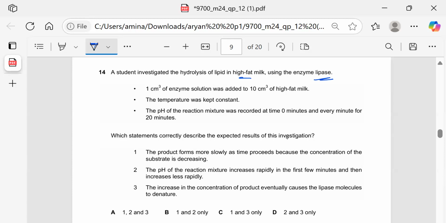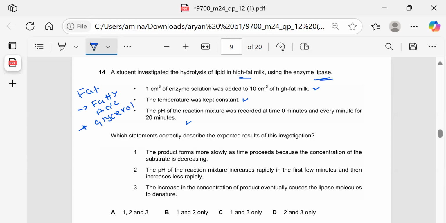I have added high fat milk, temperature I'm keeping constant, and I'm measuring the pH to know the rate of reaction. Now, why am I measuring the pH? Because when the fat got broken down, it got broken down into fatty acid and glycerol. And more fatty acid means the pH will keep on decreasing as the reaction proceeds.